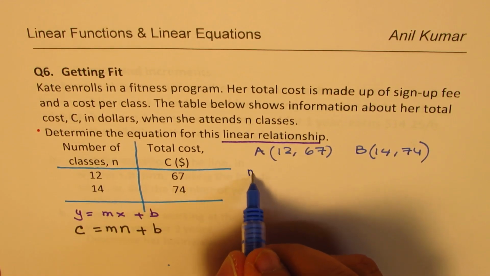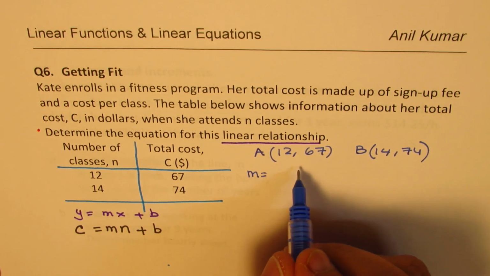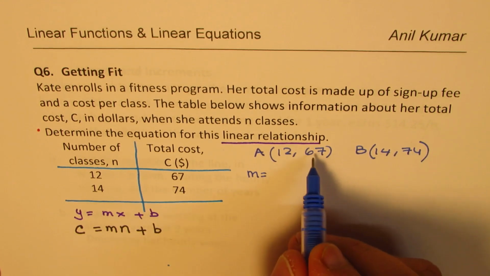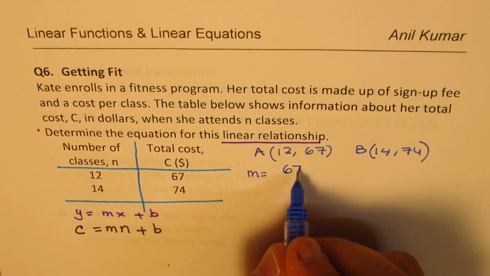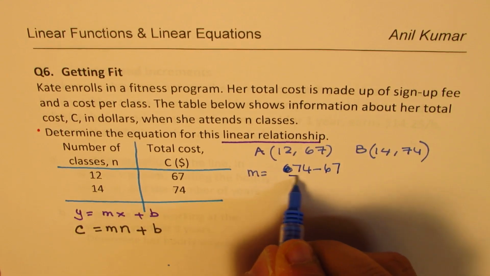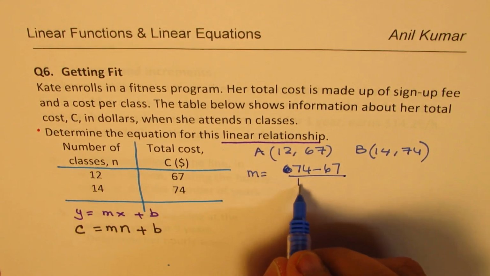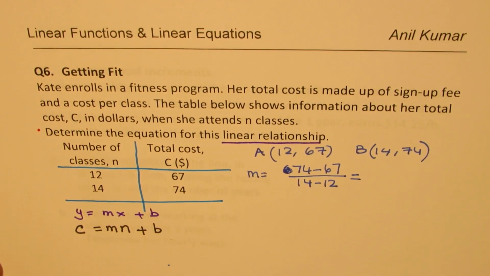So the value of m will be, think like y2 minus y1 divided by x2 minus x1, right? So 74 minus 67 divided by 14 minus 12. Correct? So you get your result immediately after you do this, correct?